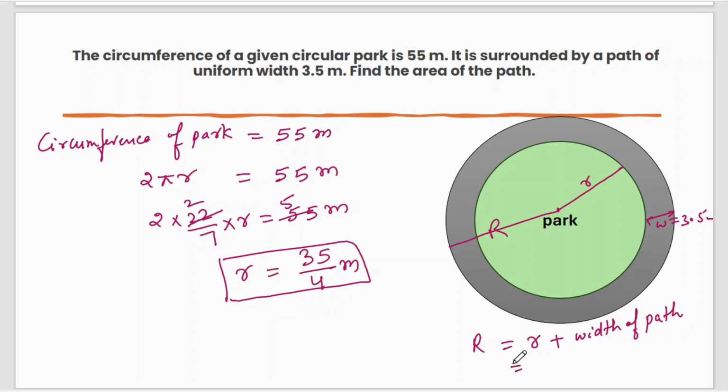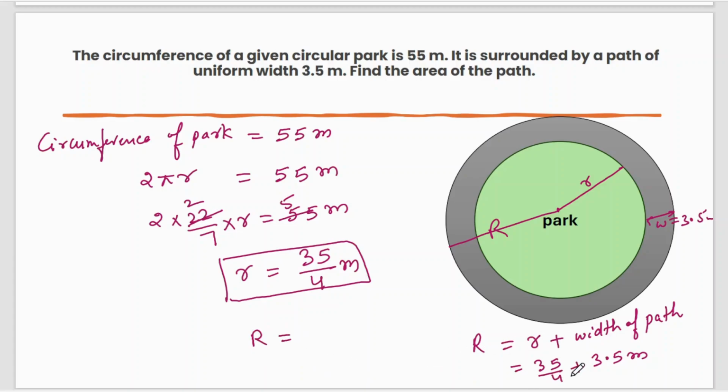So what is the radius of the inner circle? It is 35 by 4 and then plus 3.5 meter.